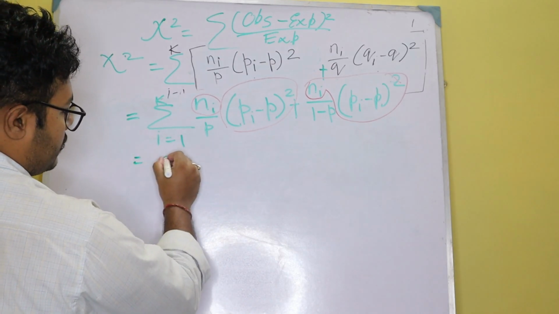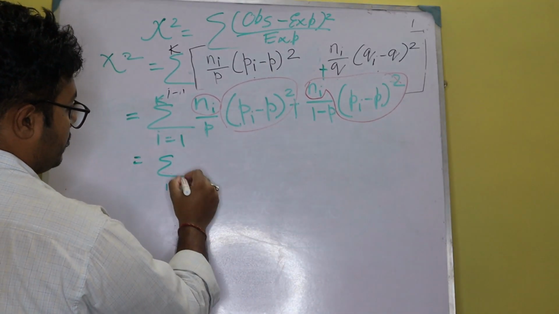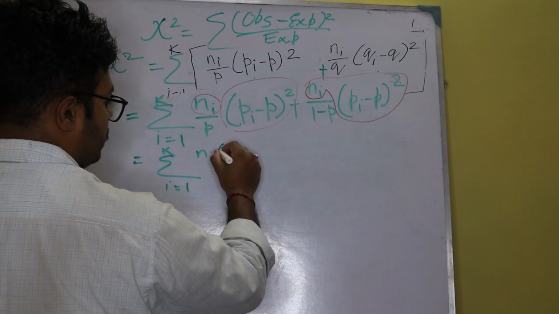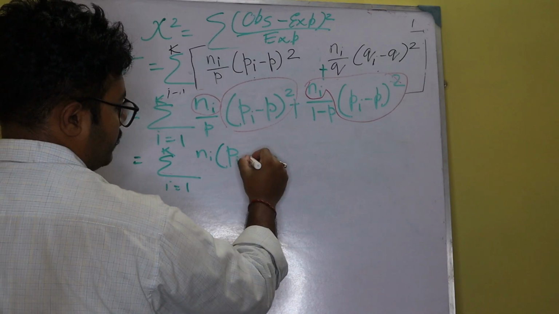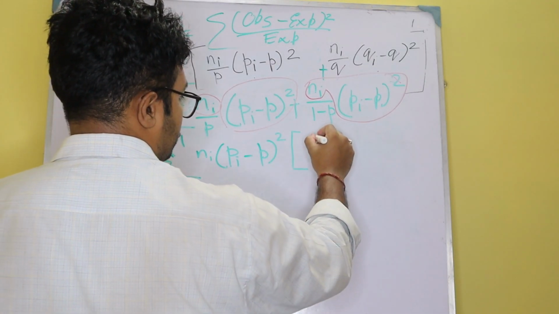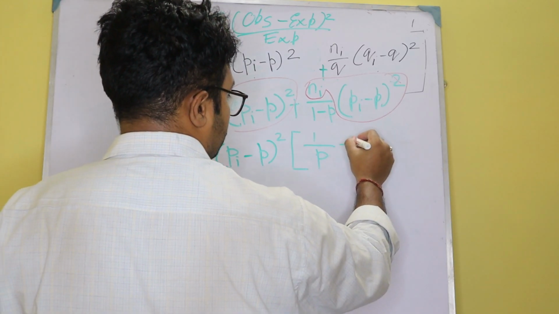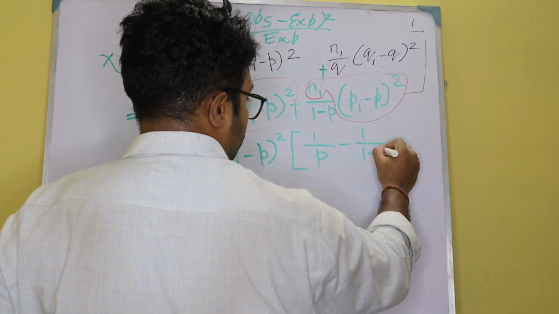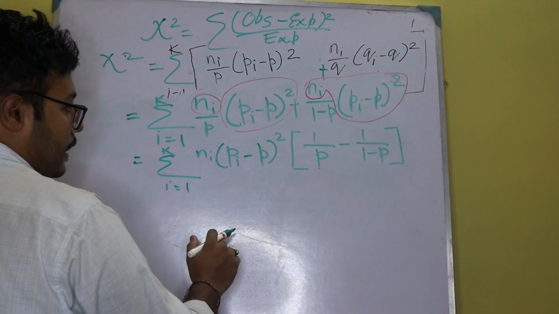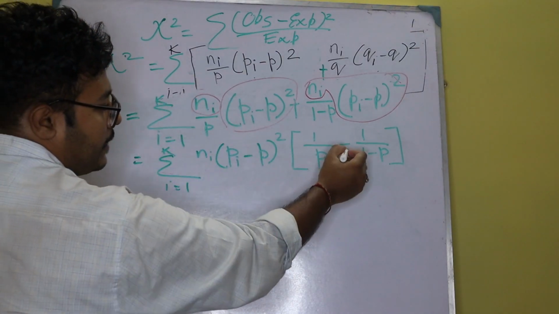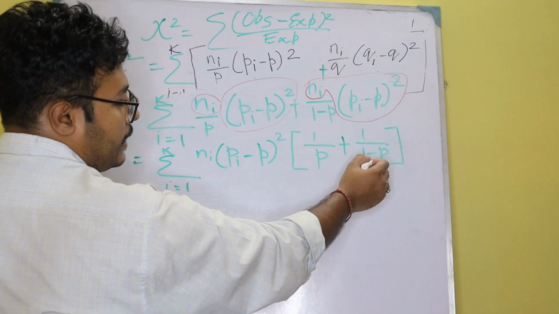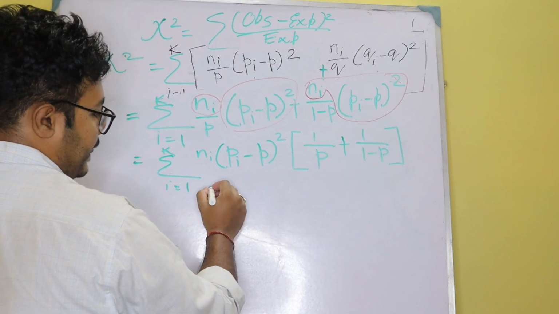If I take this out, what I get? This is the thing which I get. And if I expand this furthermore, sorry, this will be plus, and this p will get cancelled out.